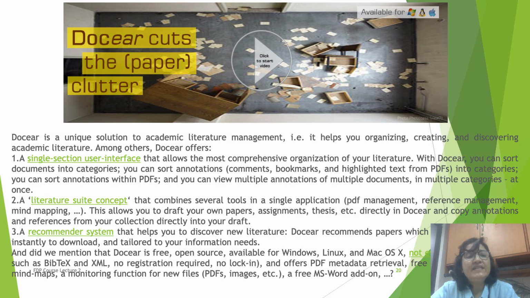Okay, next is Docear. Docear, it cuts the paper clutter. Okay, so Docear is a unique solution to academic literature management, and it helps you to organize, to create, and to discover academic literature. So what does it offer? It is a single section user interface that allows most comprehensive organization of your literature. Okay, with Docear you can sort documents into categories.